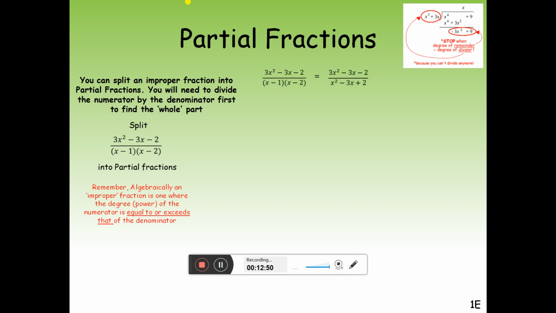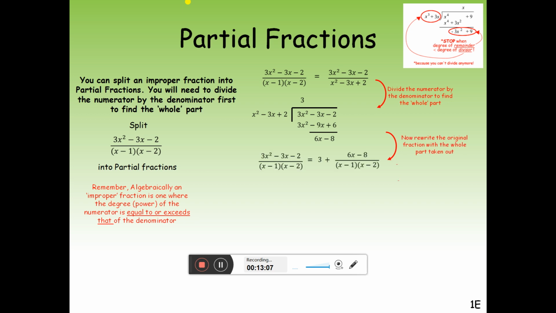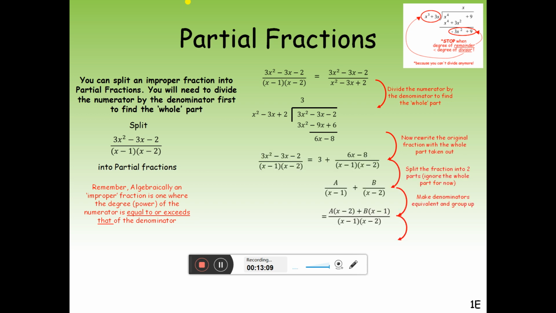How? Let us see. Why are we doing this? We are doing this because the power of the numerator and the power of the denominator are the same. What we will do is make the power of the numerator less than the power of the denominator.